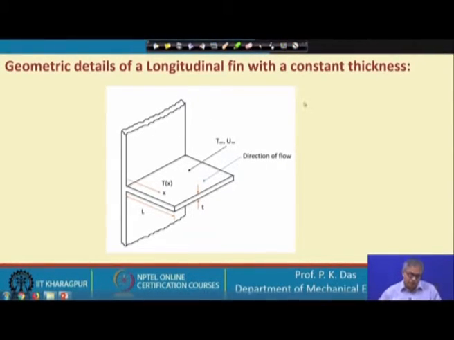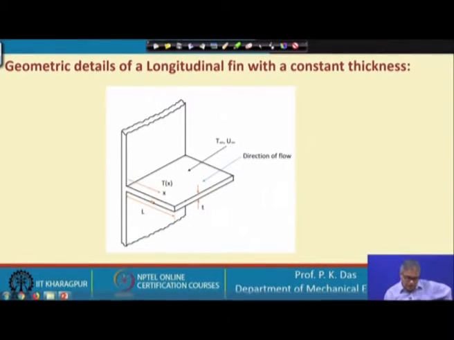On this surface fluid is flowing, and due to that there will be some convection. That is why I have said that a fin is a conductive convective system. The length of the fin is L, and the thickness of the fin is T. In this direction we have taken x, and T(x) is the temperature at a distance x.